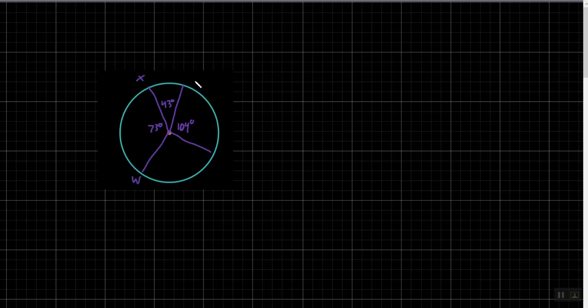W, X, Y, Z. This point in the middle is P. 104, okay, so 73, 73, and then 104. Because I'm still writing. Find length. W, X. Is that a 7? Oh. There, I did the math.